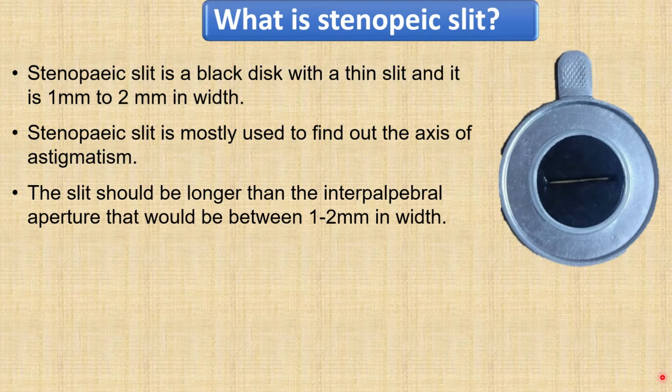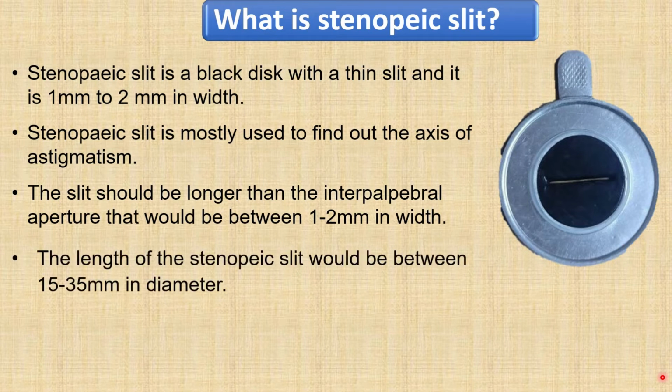The slit should be longer than the interpalpebral aperture, that would be between 1 mm to 2 mm in width. The length is variable but should not be less than the average diameter of cornea, and it would be between 15 mm to 35 mm in diameter.